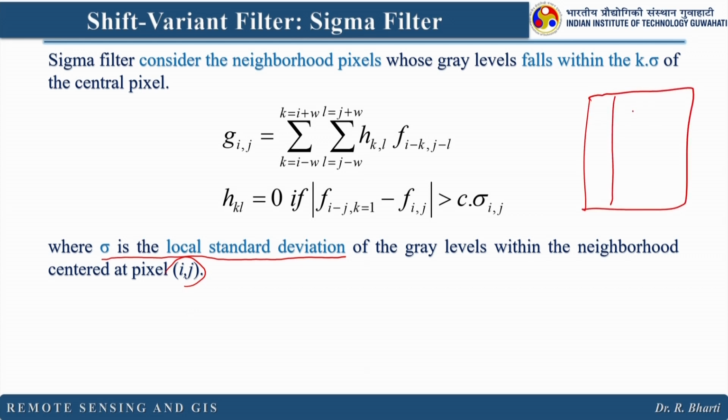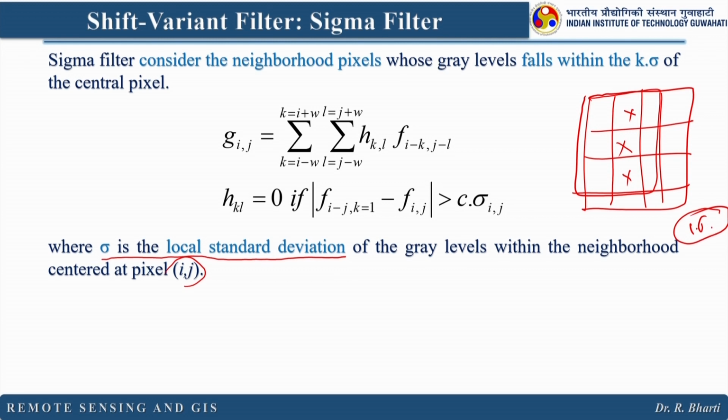Here you have one image and you have considered, let us say, 3 by 3, and this is the central pixel. Then you have decided 1 sigma or 2 sigma, and suppose only 2 pixels qualify to be within this range, then only those 2 pixels will be considered in averaging, right. To save time, one can use global standard deviation.